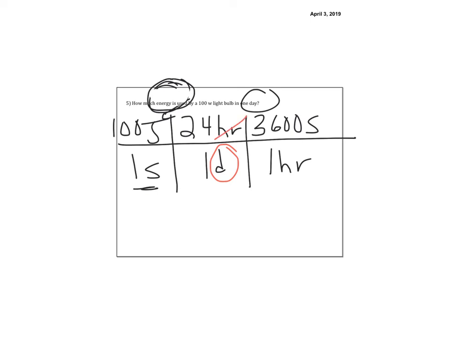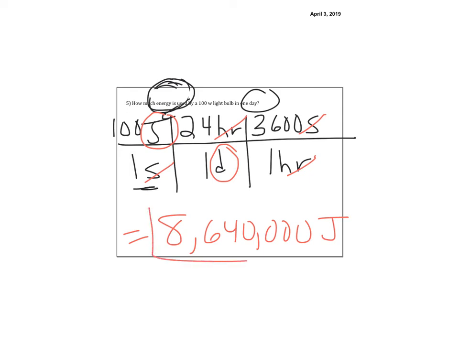Now the hours cancel and the seconds cancel, and I'm left with joules per day, which is what I wanted. In my calculator, 100 times 24 times 3,600 comes out to 8,640,000 joules. That's how many joules a 100 watt light bulb uses every day. That's it.